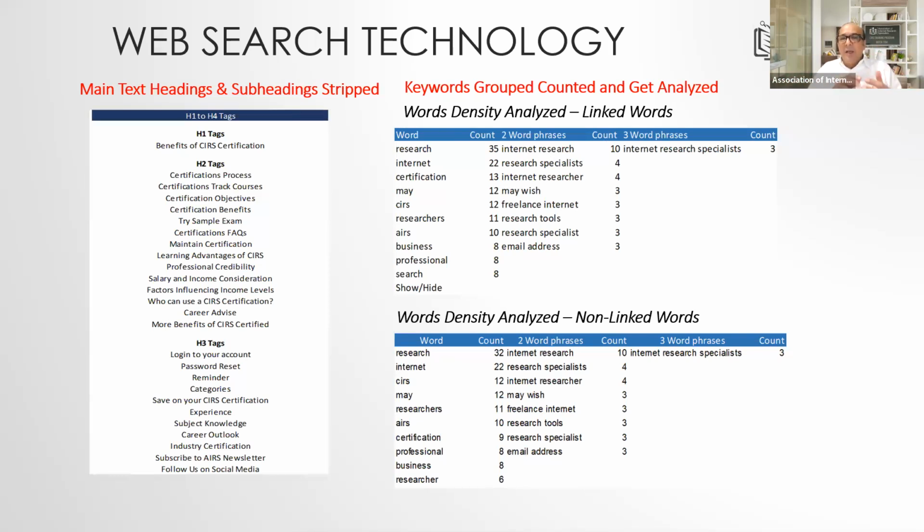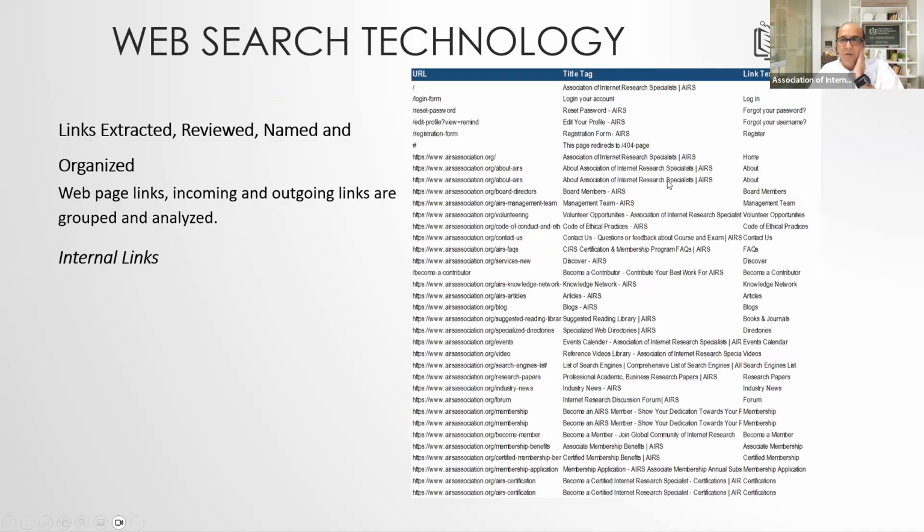URLs are links. It's the same terminology I'm using for both; URL and links are interchangeable for now. So these are linked words, and the other ones are non-linked words. That means they exist in the textual part, but do not exist in the links. Okay, let me go back to the H1 tag.